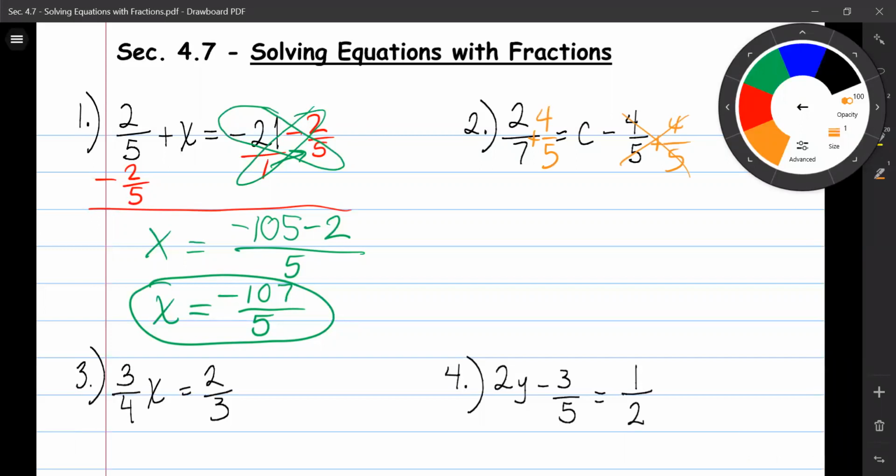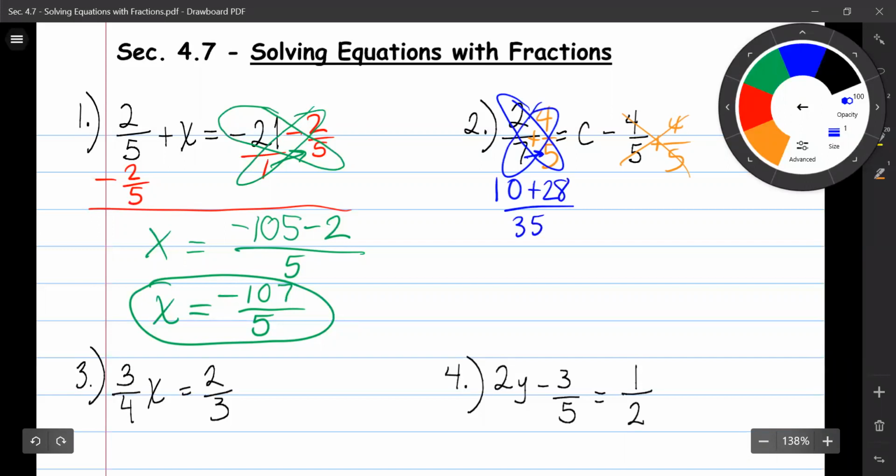And again, I'm just going to bow tie it. 2 times 5 is 10. 4 times 7 is 28. 7 times 5 is 35. And 10 plus 28 is 38. So 38 over 35 equals C.